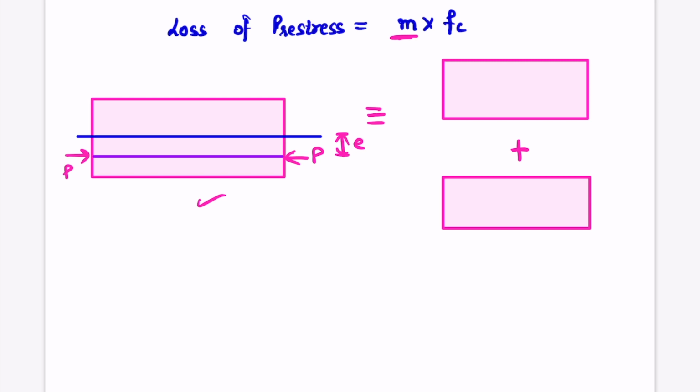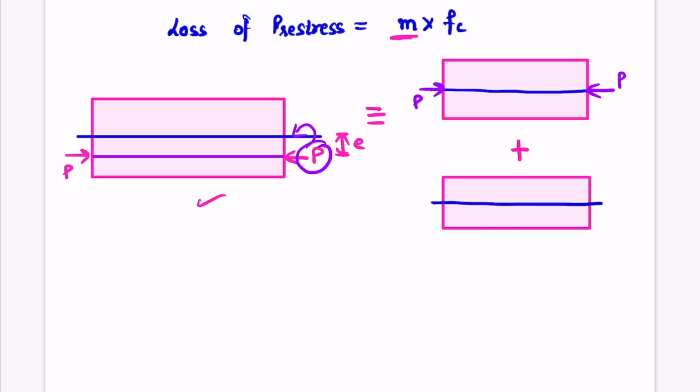In this case, we will shift this load P towards the neutral axis. When we shift this load P, there will be a moment developed. Now we have shifted it to the neutral axis location.